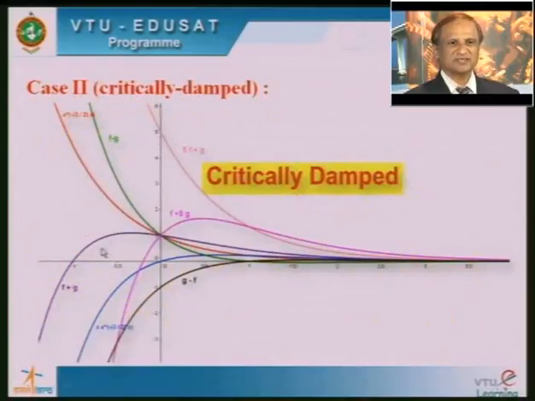So suppose this is the equilibrium position; you may obtain a curve like this, or a curve like this, or the curve may be from below, or you may get a curve like this. This type of curve we call critically damped.